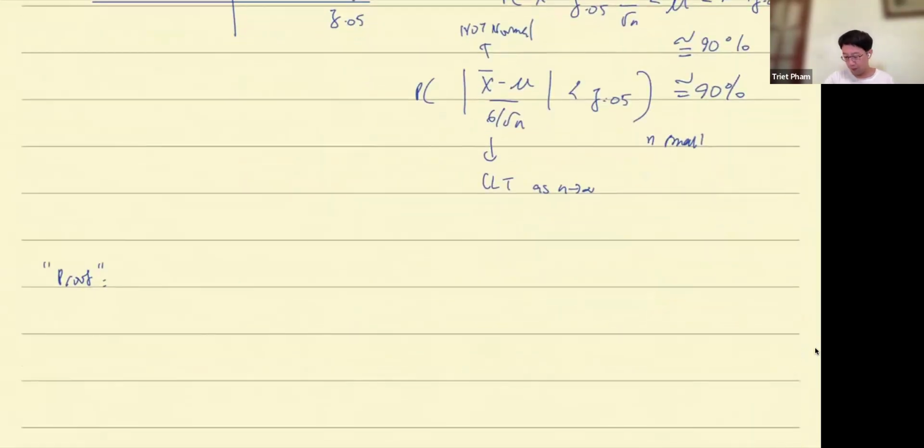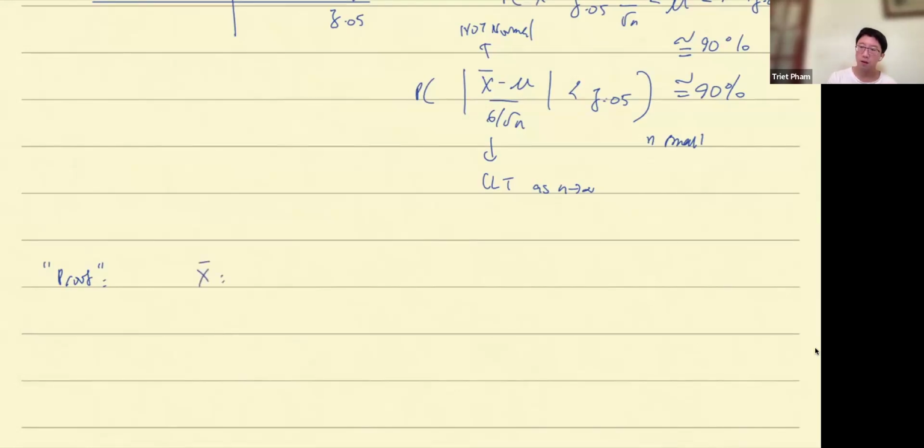So the reason why I put the proof here in brackets is that it's not meant to be rigorous, but it'll give you some idea. So the first thing that's easy to see with the X bar is the following.